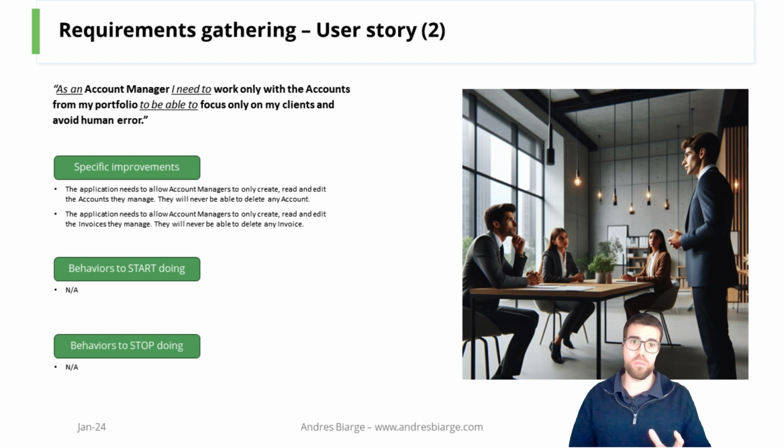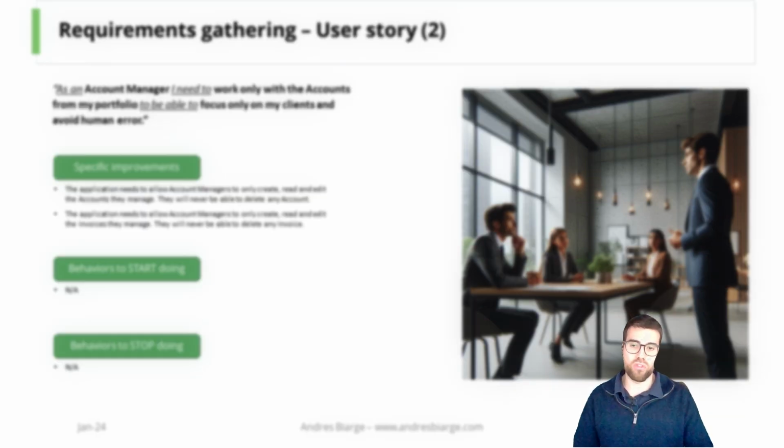And this is something that is not going to affect change management because it's solely in the side of the new process, the specific improvements that we have to deliver in the new implementation, which is going to be taking care that account managers can only create, read, and edit accounts and invoices that they manage, and they cannot do any action with the accounts or invoices from the other account managers. And of course, they cannot delete any of this information.